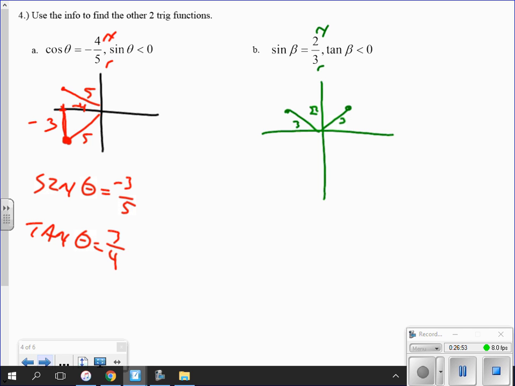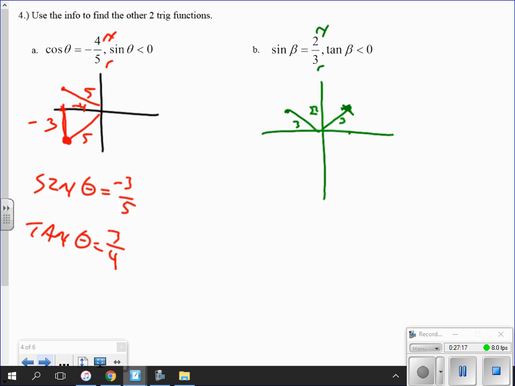I need to narrow it down. My other information tells me that the tangent is less than 0. The tangent is negative. Which would make it what? It would be over on this one over here. To your left. Okay. Because over here, what's my x-coordinate? My x-coordinate would be positive.